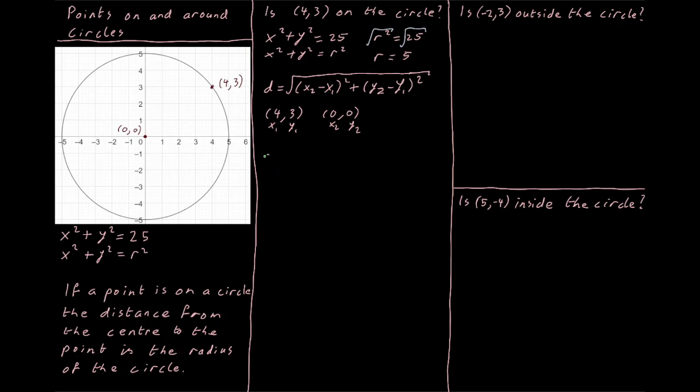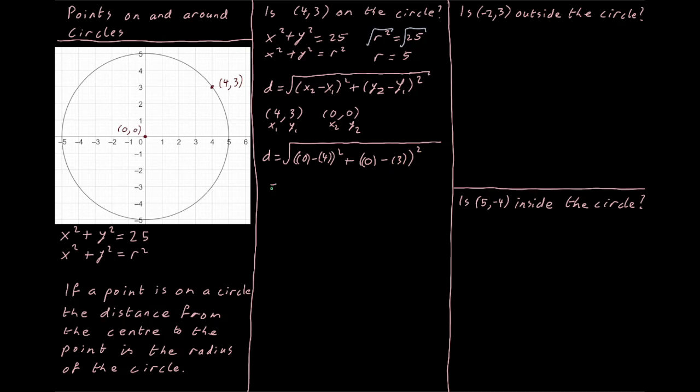So our distance is equal to, and we put everything in brackets as we're subbing in, so 0 minus 4 to be squared plus 0 in brackets minus 3 to be squared.